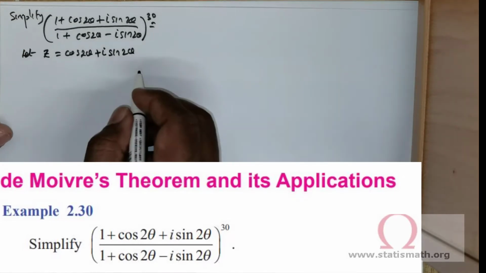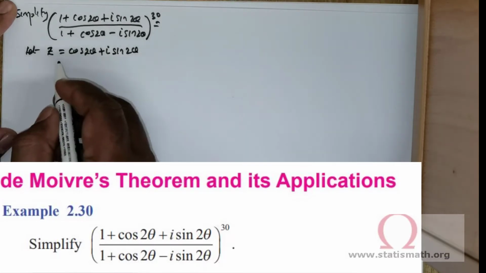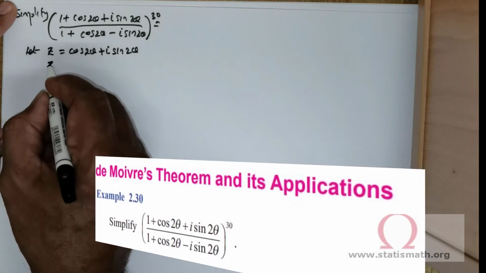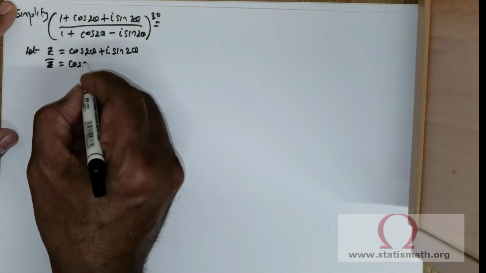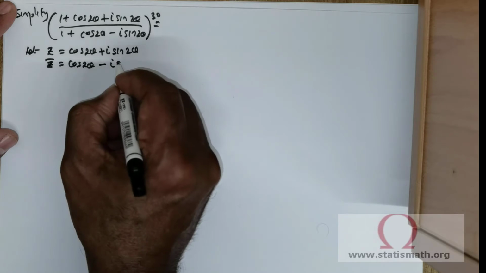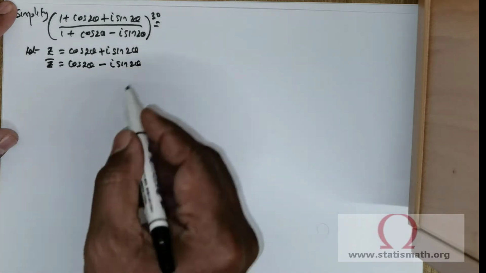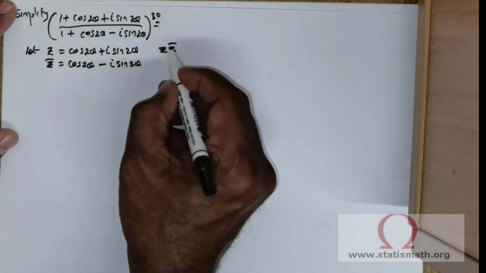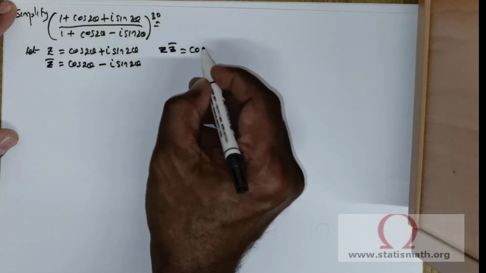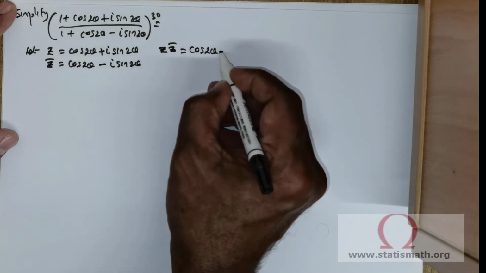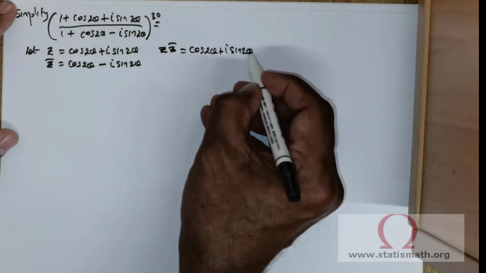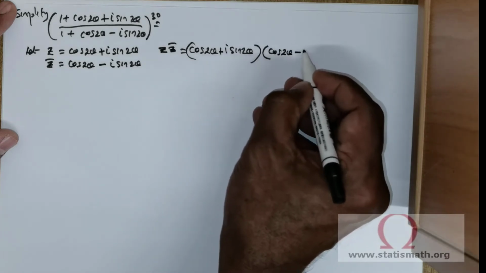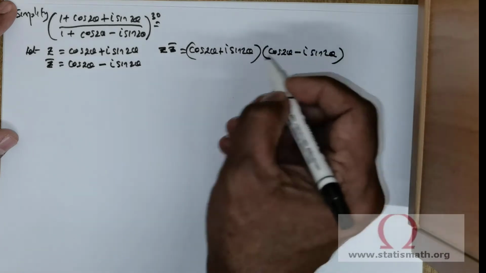Okay. Now, we are taking z to be cos 2θ + i sin 2θ. So clearly z bar is going to be cos 2θ − i sin 2θ. Now, if you were to multiply z with z bar, that is (cos 2θ + i sin 2θ) multiplied with (cos 2θ − i sin 2θ).